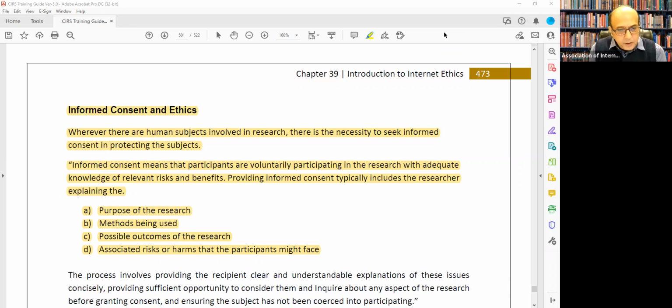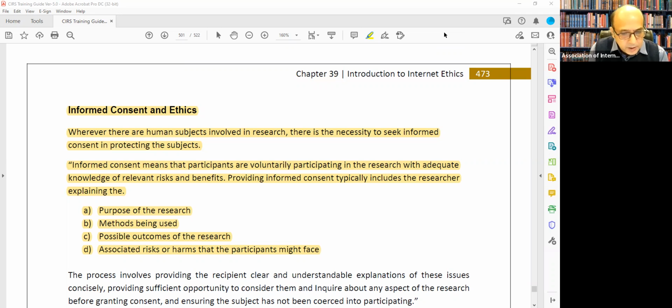So in the scenario where we are talking about informed consent for collecting information from a human subject, we have to disclose certain things for research purposes, whatever we collect. The purpose of the research has to be part of the piece of paper or the consent that you're going to get from the human subject.